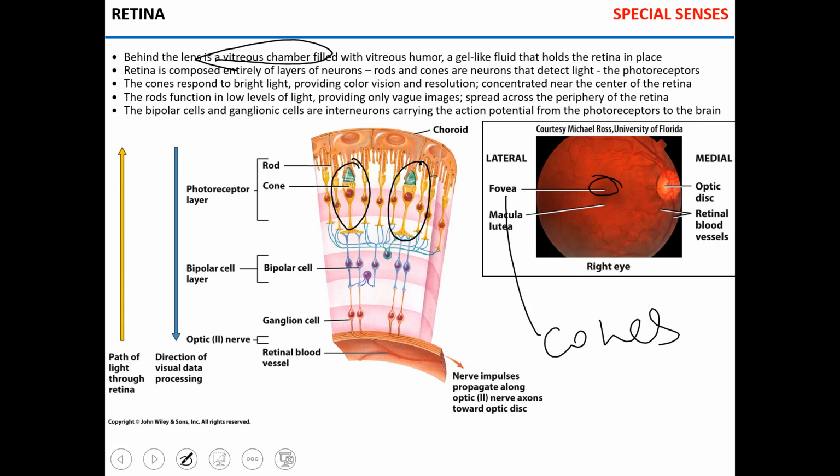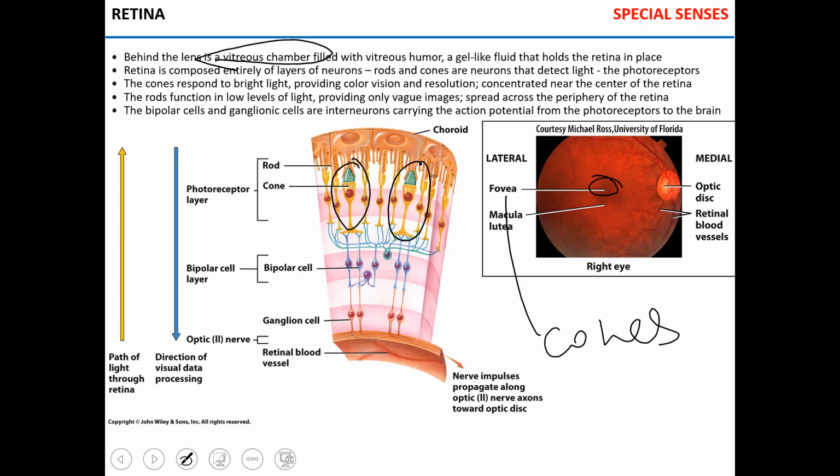Cones can detect 3 different colors: red, blue, and green. Combinations of those 3 basic colors give us all the spectrum that we as humans normally see. Again, cones are responsible for sharp color vision in the bright light.